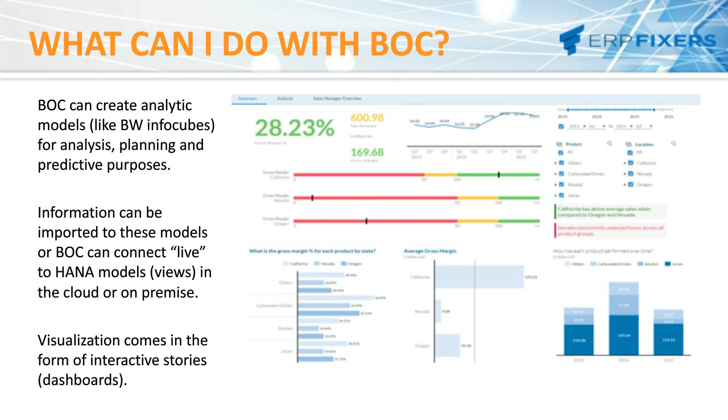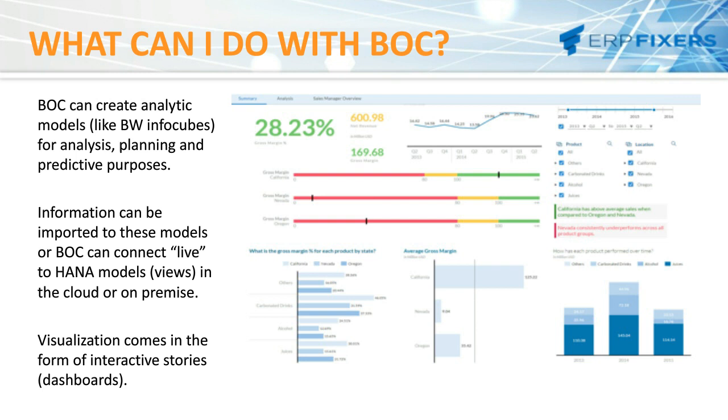So you can plan as well. Business Objects Cloud, BOC, can import data from live connections. I'll explain what that is. A live connection is a connection where the data doesn't move to BOC. It's not imported. Right now, the supported live connections are HANA databases or BW running on HANA.